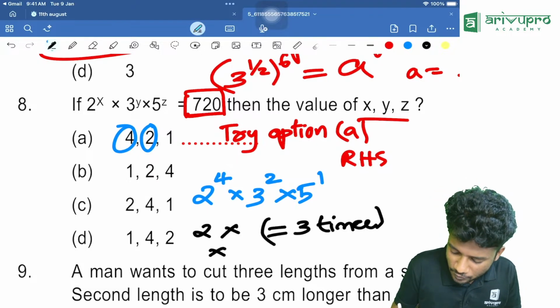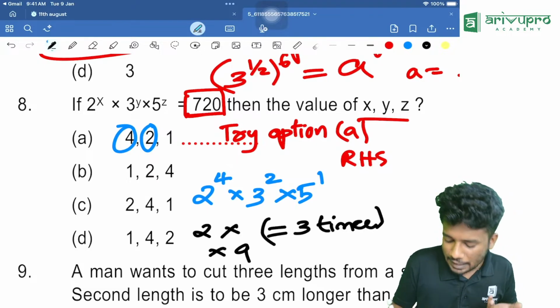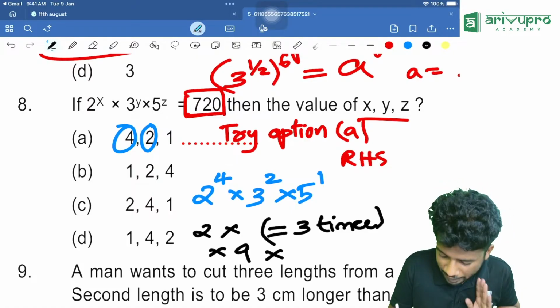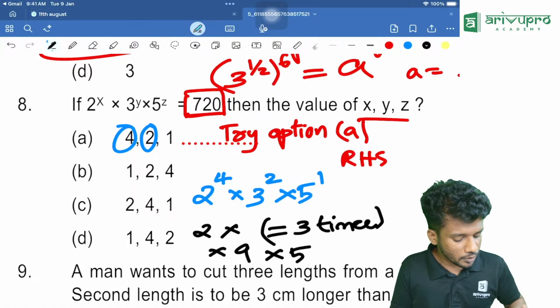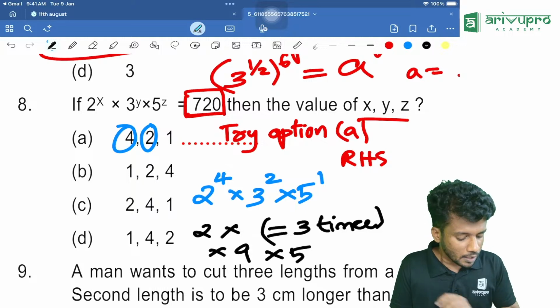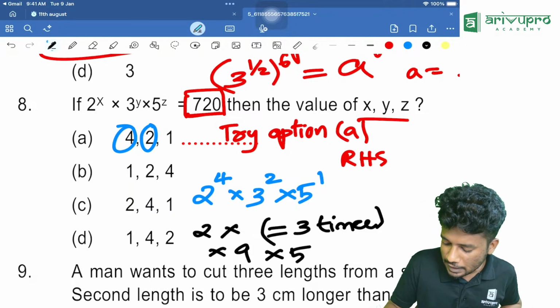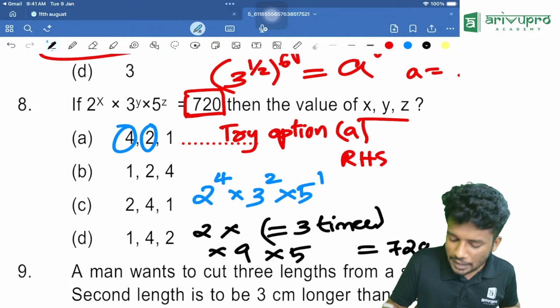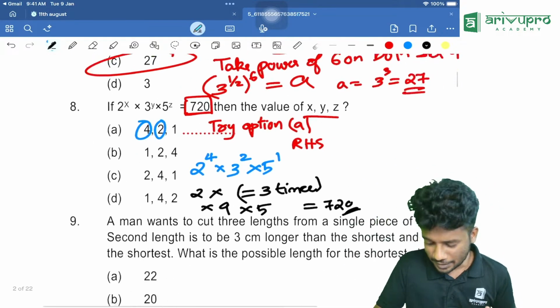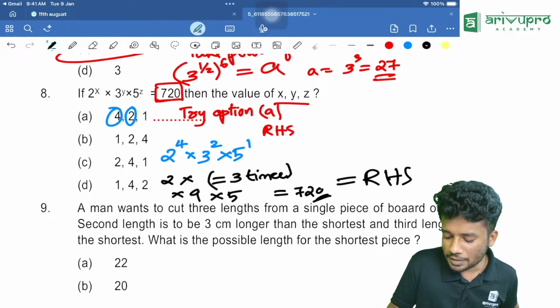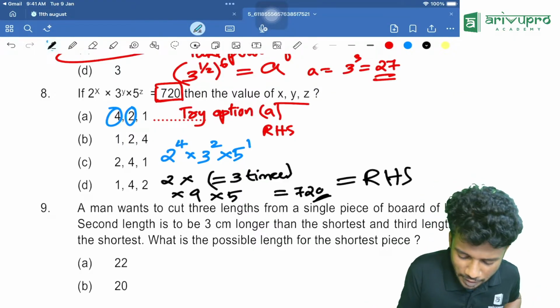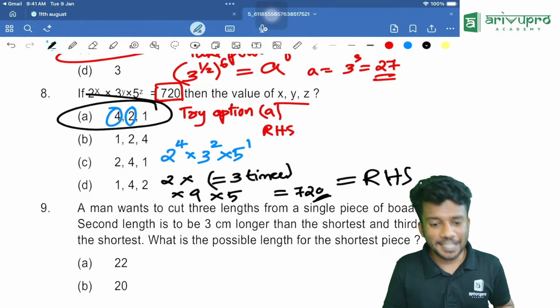Then multiply it with 3 square, how much is that? 9. Then multiply it with 5. How much are you getting? 2 into equal to 1, 2, 3. Then multiply it with 9, multiply it with 5. How much are you getting? 720. So that is our right hand side, which is equal to our RHS. So LHS and RHS are equal. Option E is your right answer.